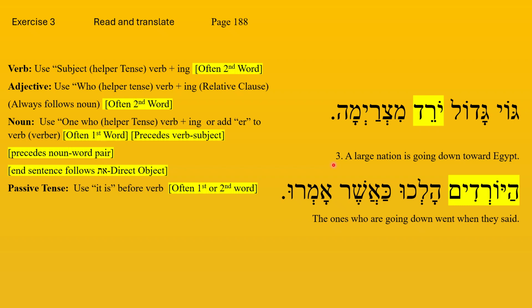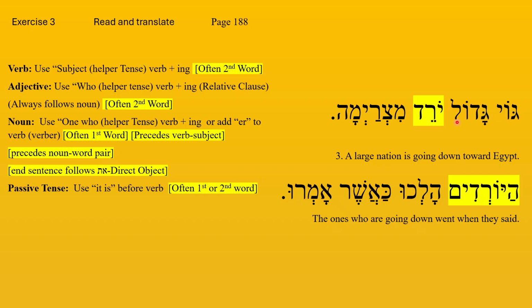Exercise 3, number 3. Goy gadol yored mitzrayimah. Goy gadol, a large nation. A large nation. So there's your subject. Here's your participle in essentially the second position, because this whole thing is one.